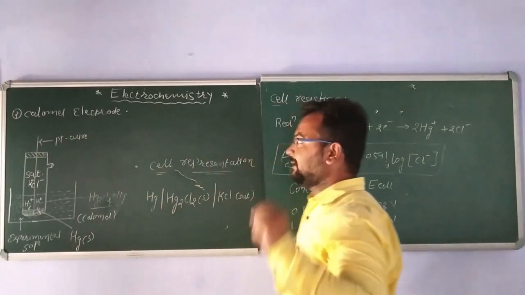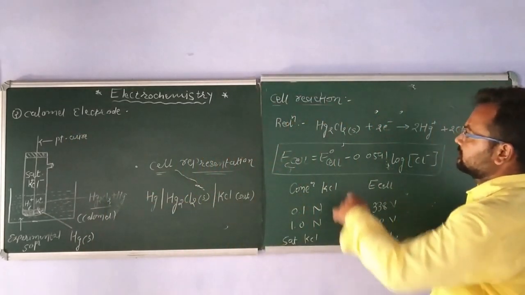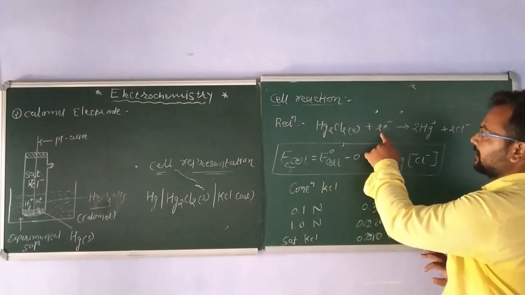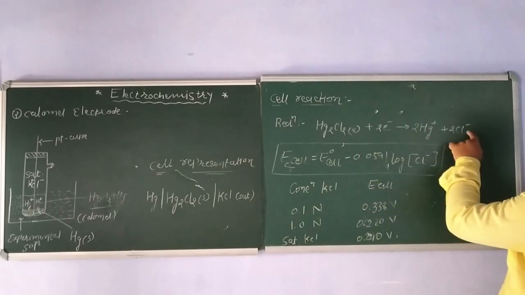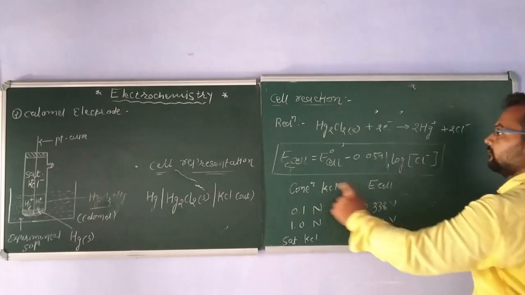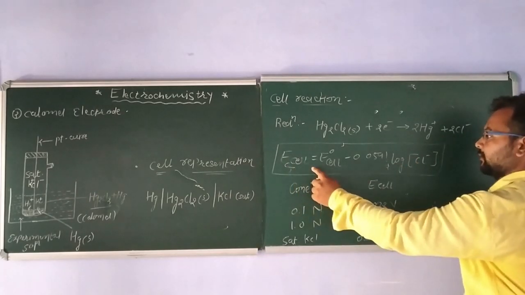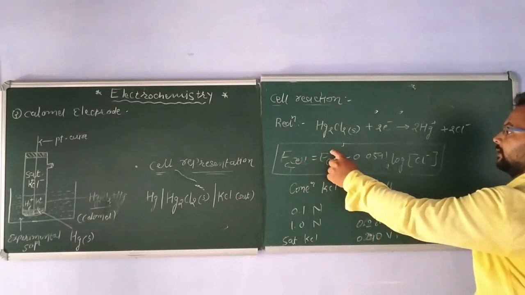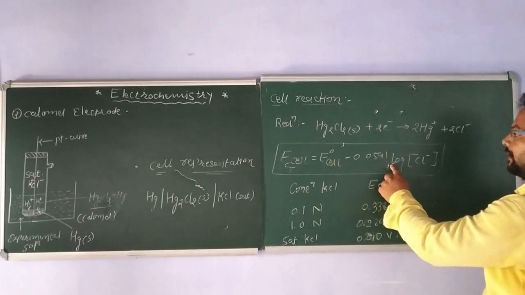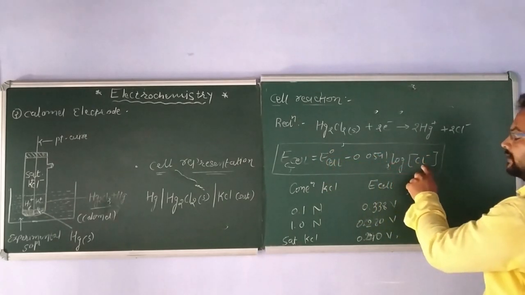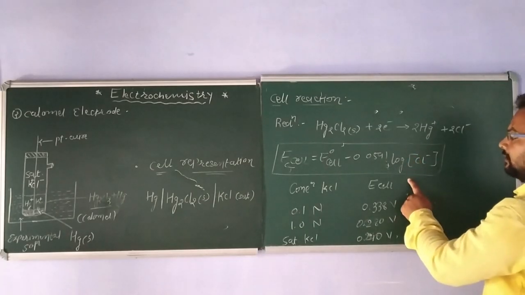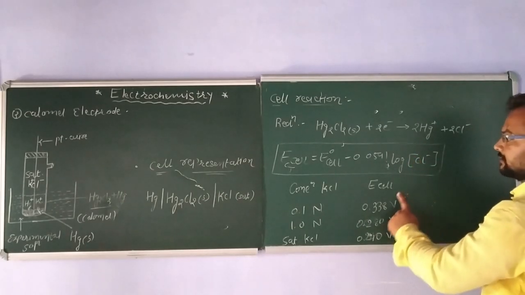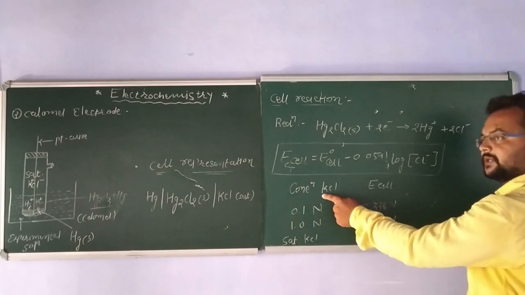The cell reaction of the Calomel electrode is Hg2Cl2 solid plus 2 electrons giving 2 Hg plus 2 Cl minus. From this reaction we get the equation of cell potential: E cell is equal to E0 cell minus 0.0591 into log concentration of Cl minus. From this equation, the EMF of the cell depends on the concentration of KCl solution.